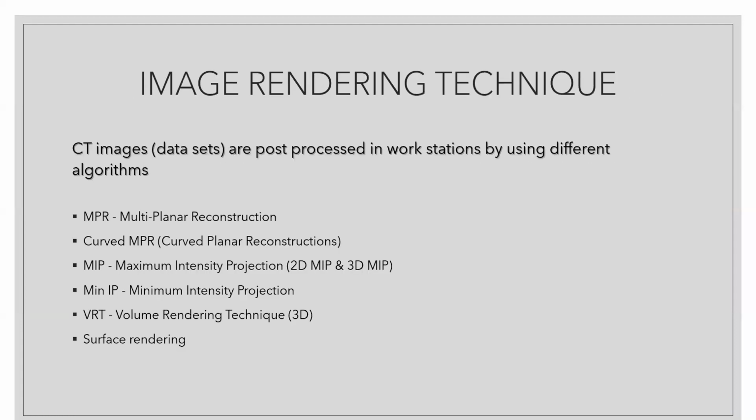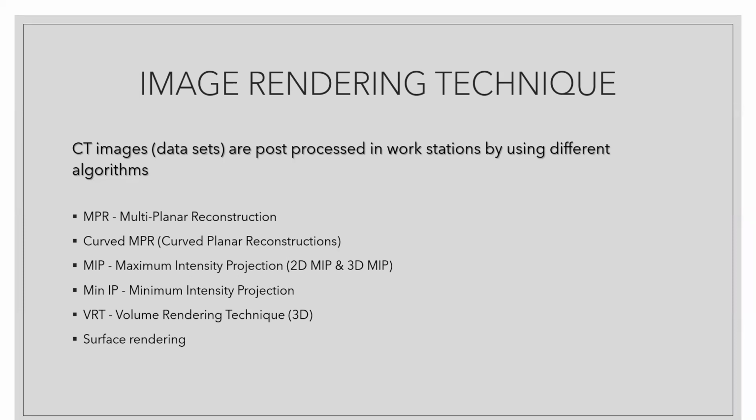generated for that patient. Coming to image rendering techniques. Once the CT X-rays are produced, the detectors are reached. After data acquisition, reconstruction is done, and finally we get the image. There are many image rendering techniques so that we can still enhance the image.